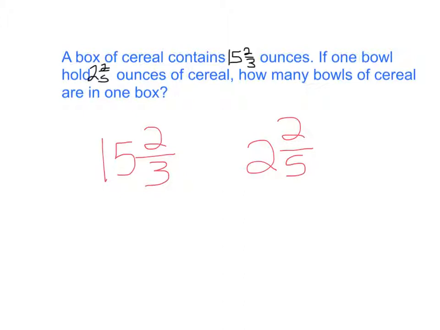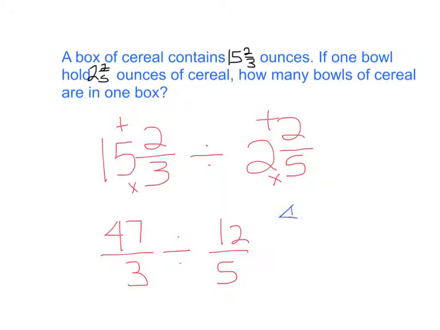So that means you need to take the whole box and divide it by 2 2/5. So if we do that, we have our improper fraction on this side. That will get us 47 over 3 divided by, multiply and add, 12 over 5.